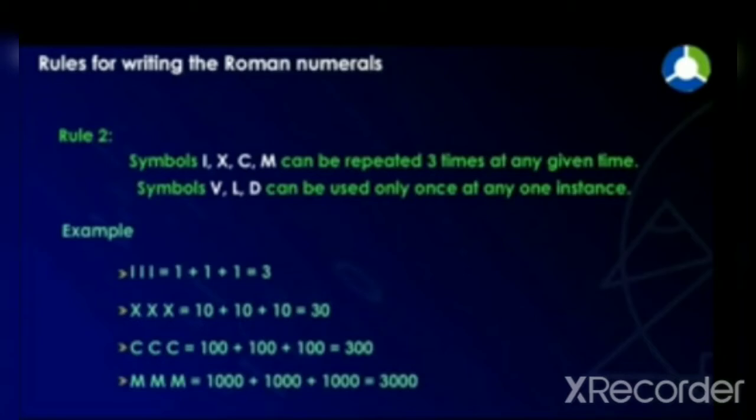If I talk about the Hindu Arabic numeral 3, it will be written as III. That means 1 plus 1 plus 1 equals 3. But if I talk about 4, then the symbol for 4 can never be IIII, because no symbol can be repeated more than thrice in Roman numerals. This is rule number 2.